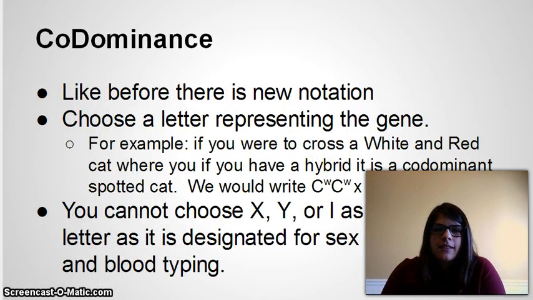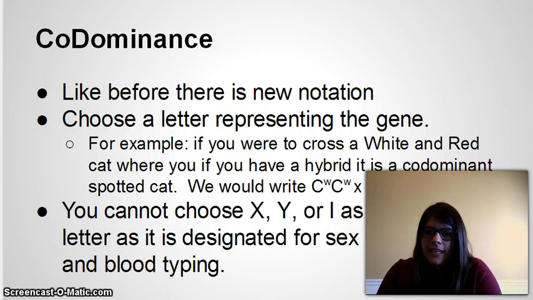Codominance. With codominance, we have a new notation, just like before. It's not the same notation. So you choose a letter representing the gene, and that letter can be any letter. The only letters you cannot choose are X, Y, or I, as they are designated for sex-linked genes and blood typing.